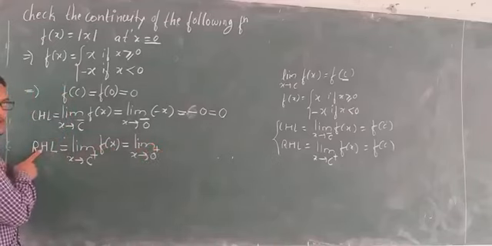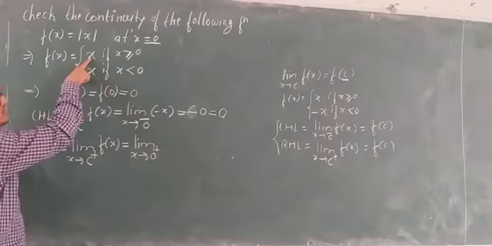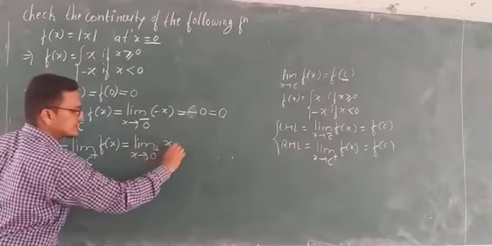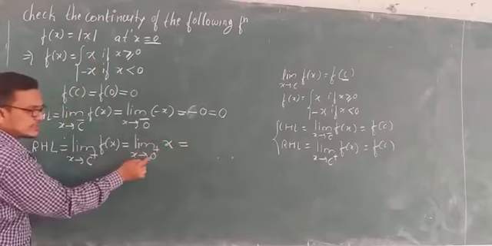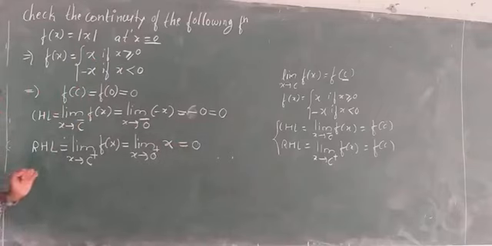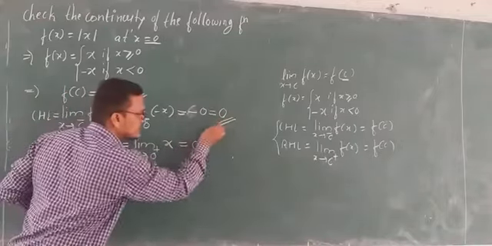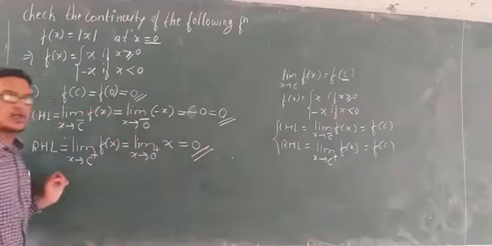RHL means greater than. So for greater than 0, f of x is x here. Now put the limit x tends to 0, so x is 0 here. Now if you observe here, f of c, LHL and RHL, check their values: 0, 0, 0, all are equal.